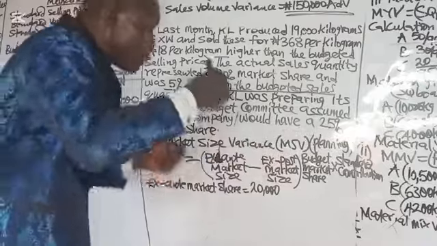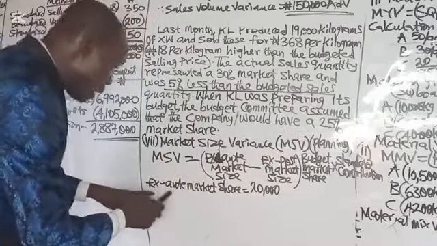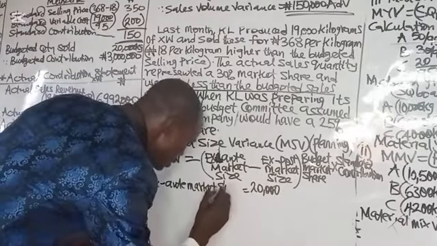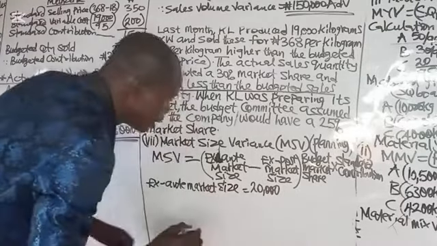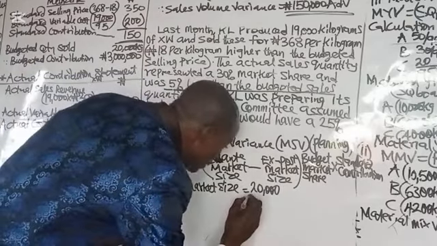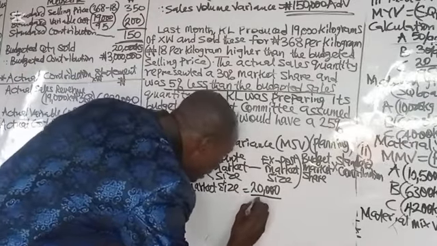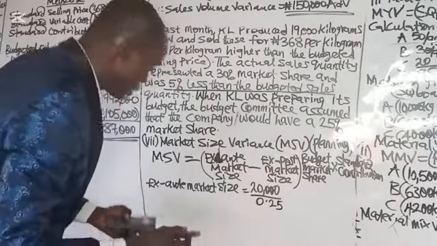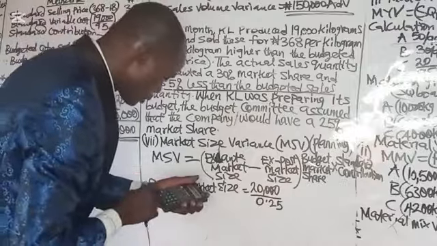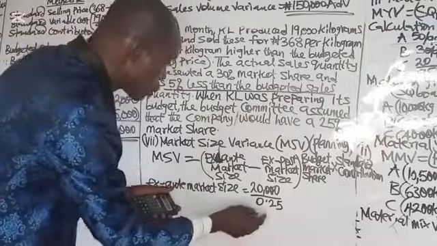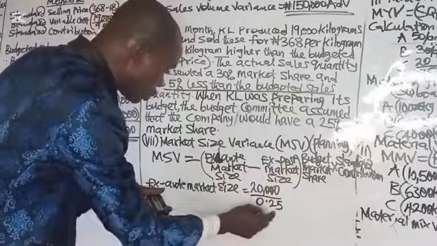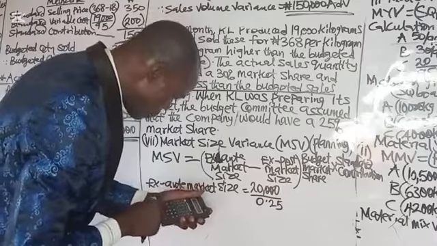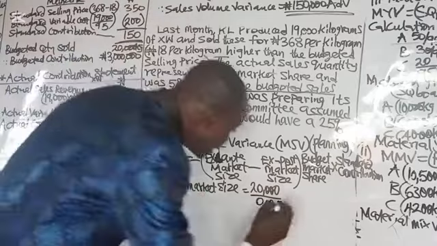So what is now the market size? S and T market, this is market size, not share. We want to compute the market size. If 20,000 is equivalent to 25%, divide 20,000 by 0.25. Converting 25% to decimal gives you 0.25. 20,000 divided by 0.25 gives us 80,000 kg.